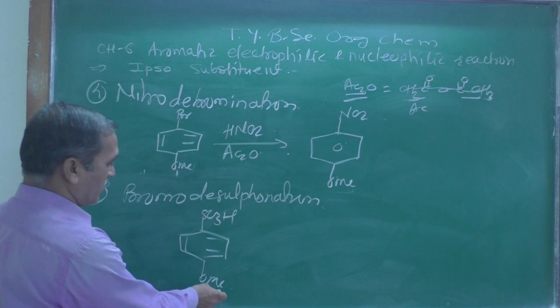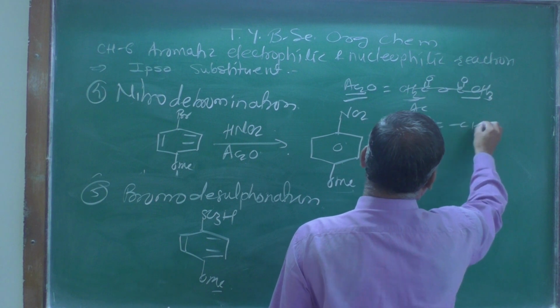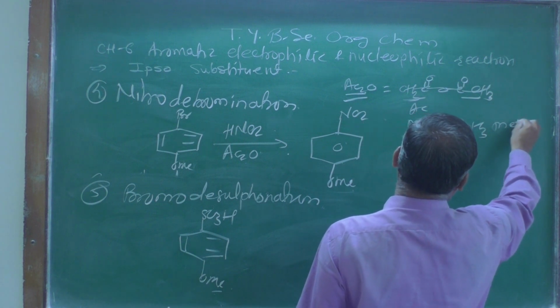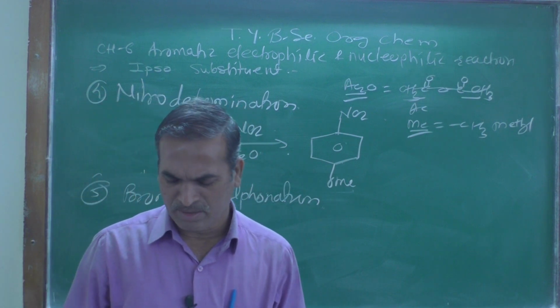OMe, Me means methyl group, this group is known as methyl, right? And therefore sometimes it is written as Me, methyl.